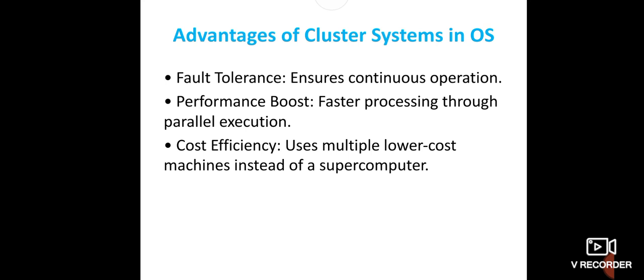It can tolerate faults that happen in the process, so it ensures continuous operations. In performance boost, there is faster processing through parallel execution, because the processes run in parallel, so performance is at a high peak. And in cost efficiency, it uses multiple lower-cost machines instead of a supercomputer, so the cost is minimal in cluster systems.